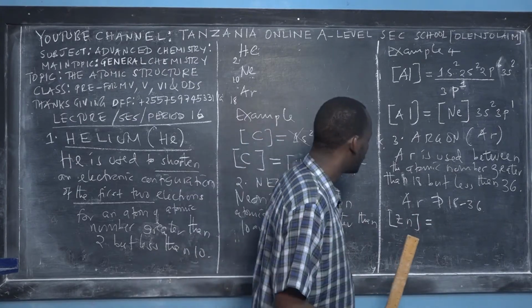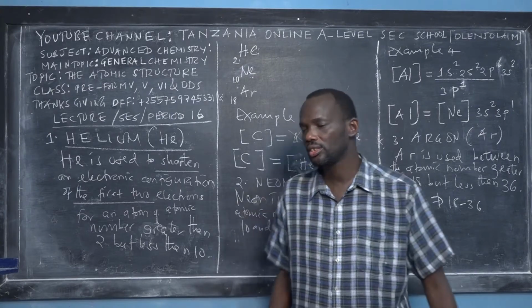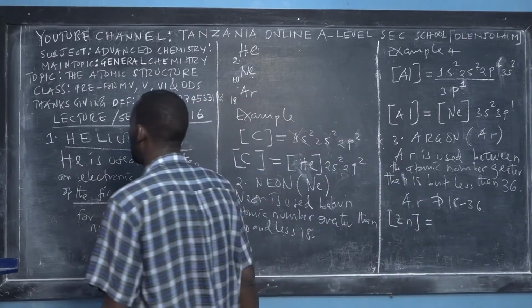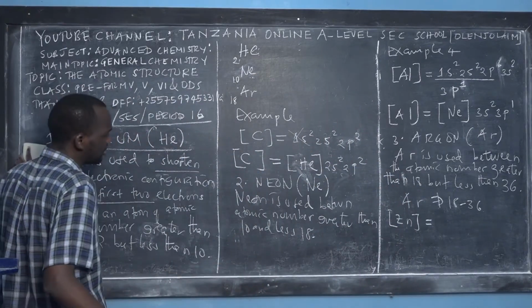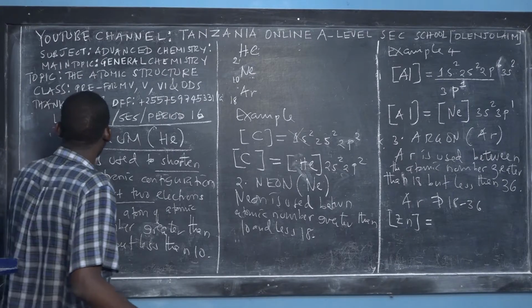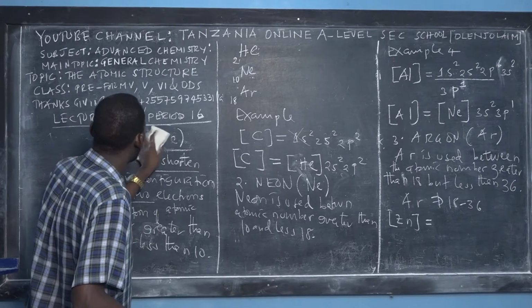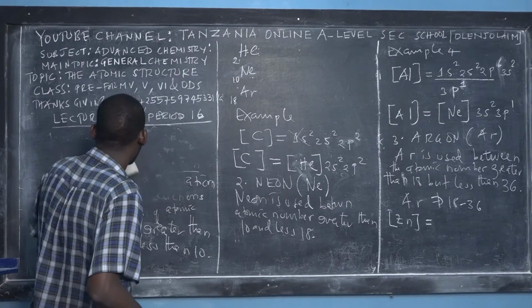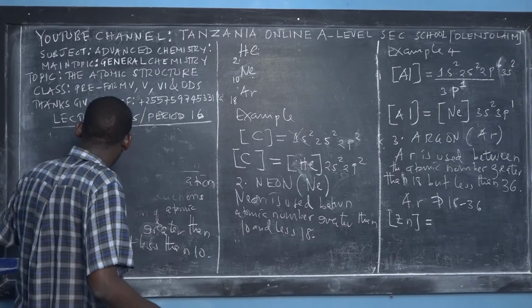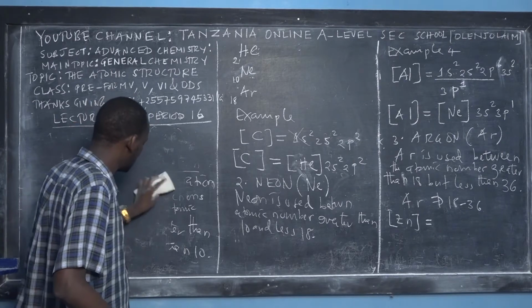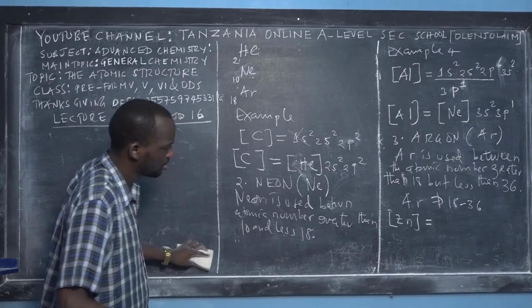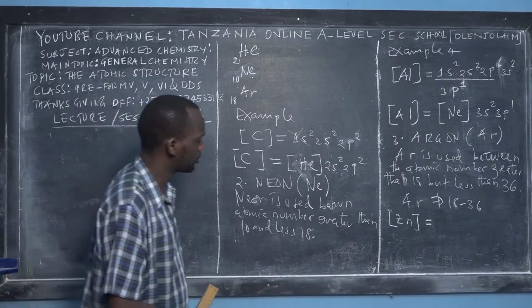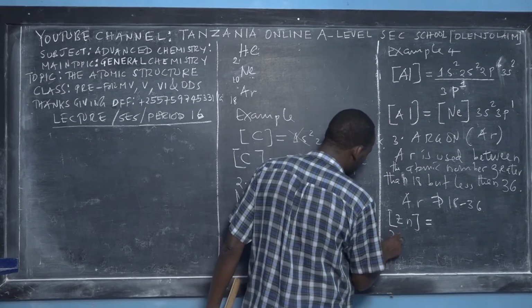So for instance, we wrote the electronic configuration of zinc. What is the number of electrons in zinc? Zinc, I told you, contains 30 electrons.